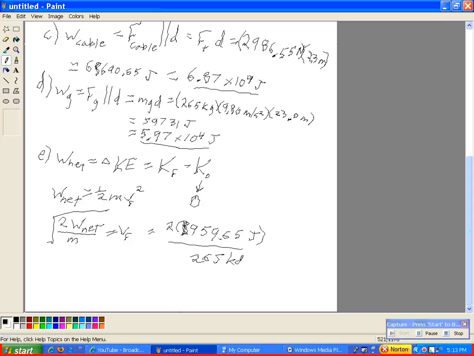That gave that to us. We take the square root of the whole thing, and that comes out. That will give us the final velocity.